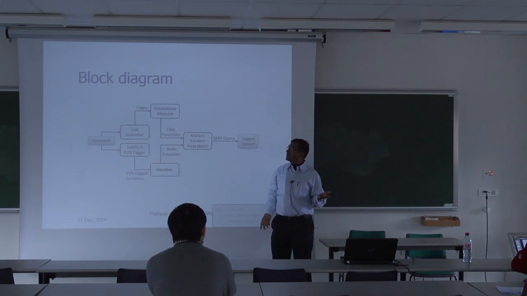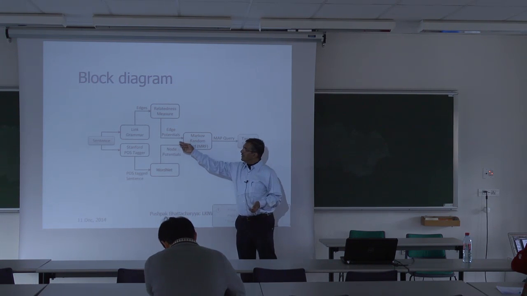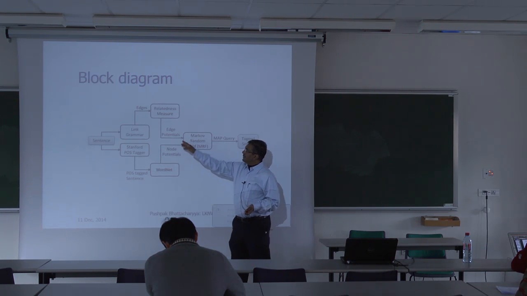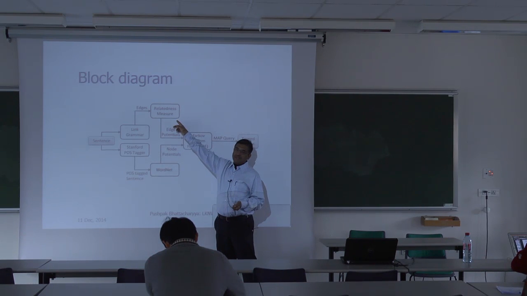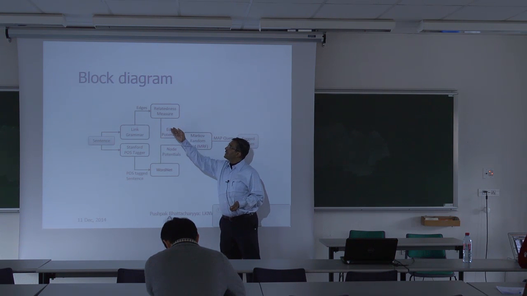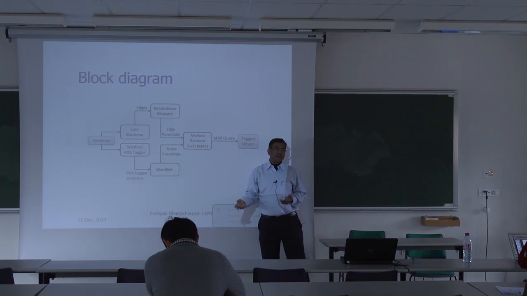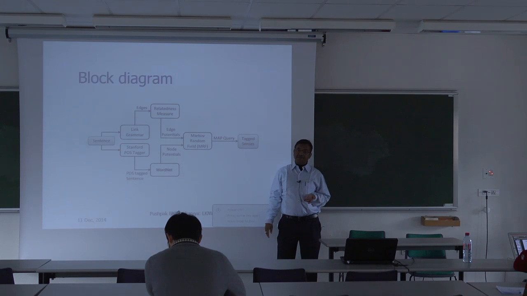The whole random field, of course, consists of nodes and edges. Node potentials are created and edge potentials are created. Edge potential is created from similarity measures or relatedness measures. Now, we can do this because there are many different algorithms to produce semantic similarity. This area is very rich.